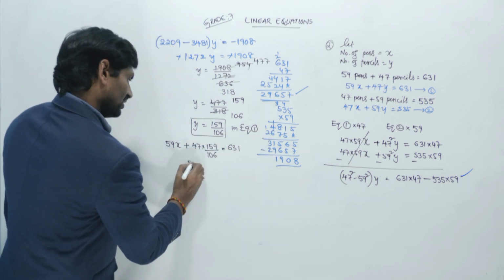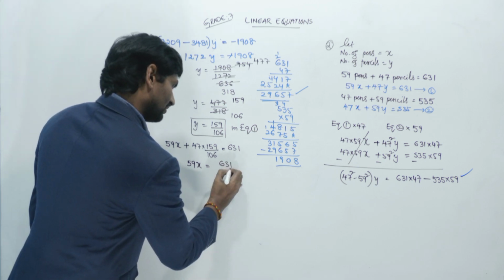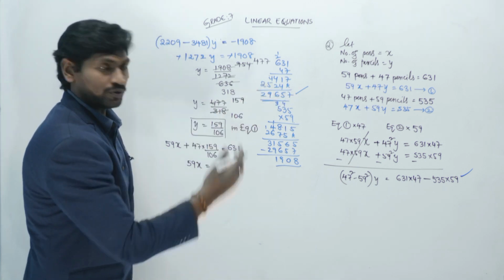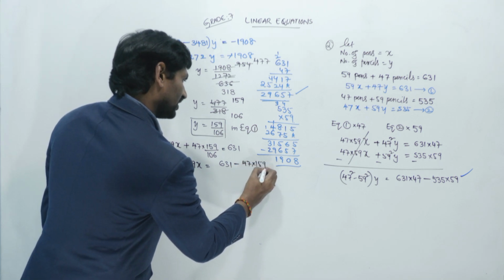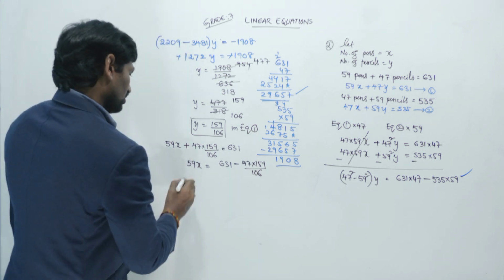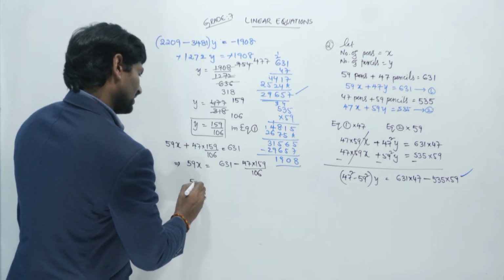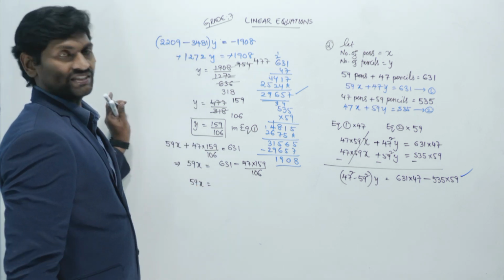Transpose that side. So 59x equals 631. This entire term, plus term transposed, it will be negative term: 47 into 159 by 106. Okay? So that implies 59x equal to 631 into 106.